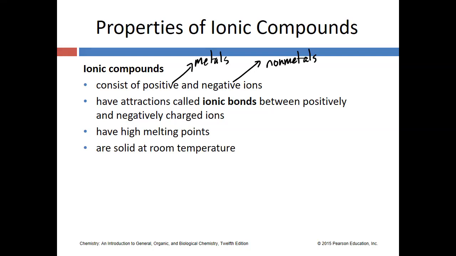And the reason for these high melting points is because those attractions are very strong. Strong attractions tend to give us things that are more clustered together, more ordered in their arrangement, more solid-like as a result.